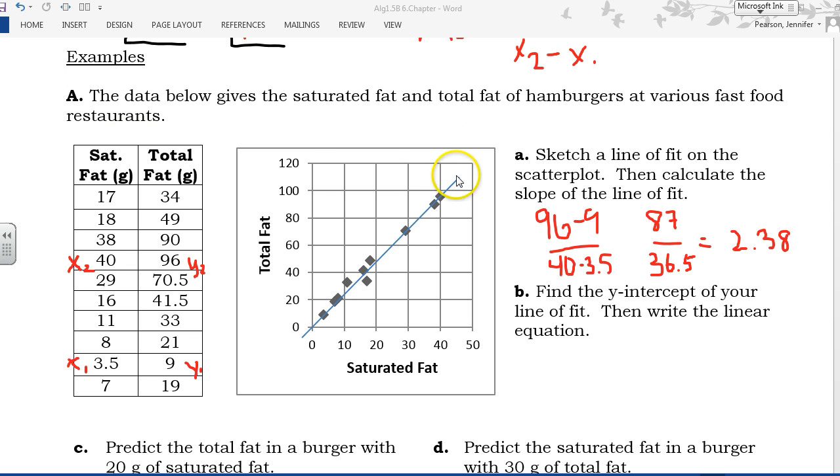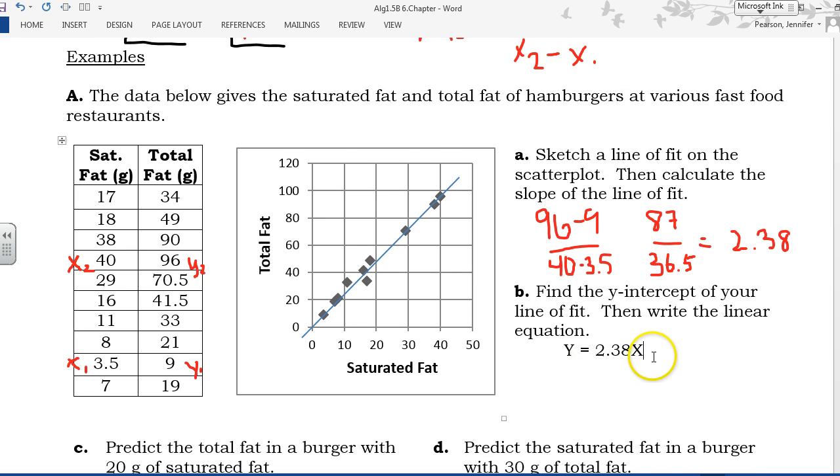If I follow this line to the y-axis, I can find my y-intercept, and in this case it's 0, since the graph goes right through the 0. So I will write my linear equation, y equals mx plus b, and since b is just 0, I'm really just going to leave that off. So y equals 2.38x is my linear equation.